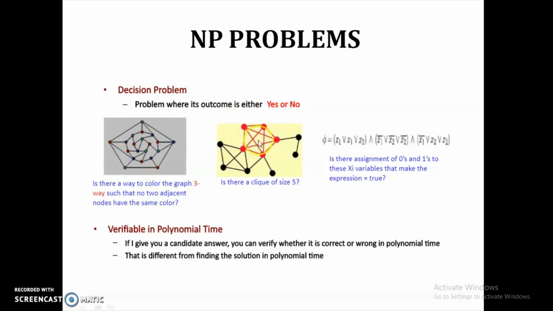And the second one is clique, right? For a given graph, we have to select a subset of vertices which will make a complete graph. Normally the given graph may be complete or incomplete. If the graph itself is complete, the maximum size of the clique is the number of vertices itself. But if the graph is not complete, we try to find out whether a subset of the vertices makes a complete graph, and if it does, that is known as a clique.